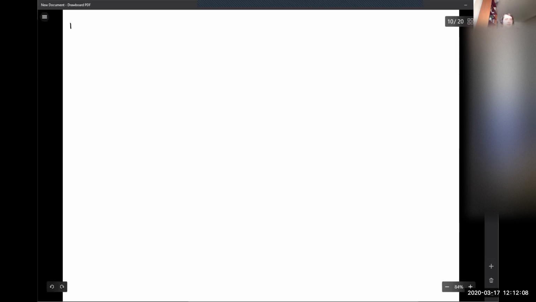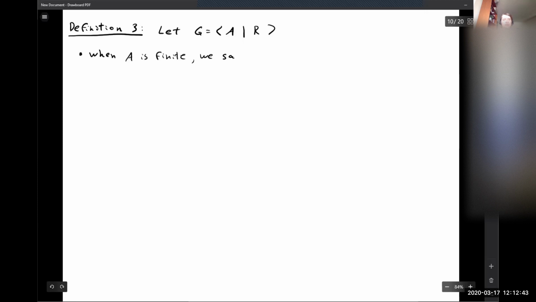Okay, so let's introduce some standard terminology here. Let G be a group defined in terms of generators and relations, so it is generated by A, subject to relations R. When A is finite, we say that G is finitely generated.